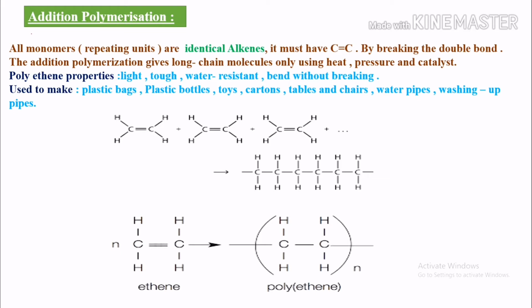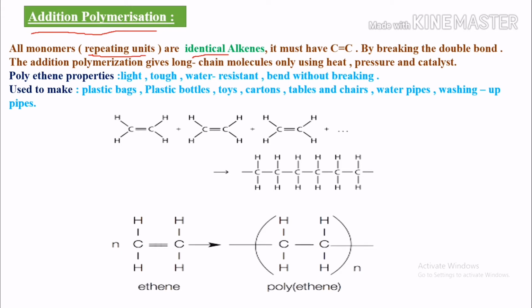At first, addition polymerization. Addition polymerization is one of the most important types of polymerization. In addition polymerization, you must know that all monomers, all the small units, all the repeating units are identical.